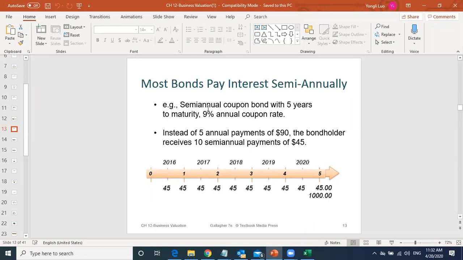For example, a semi-annual coupon bond with 5 years to maturity, and the coupon rate is 9%. So what will be the bond price?